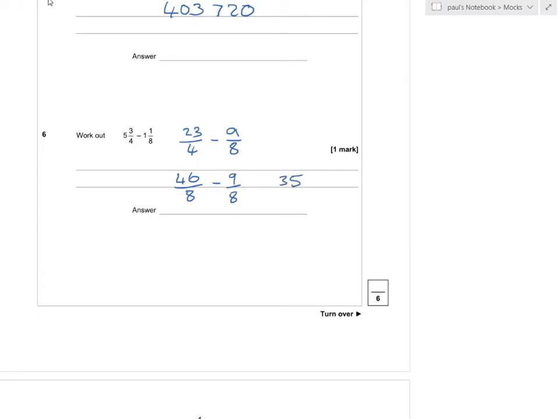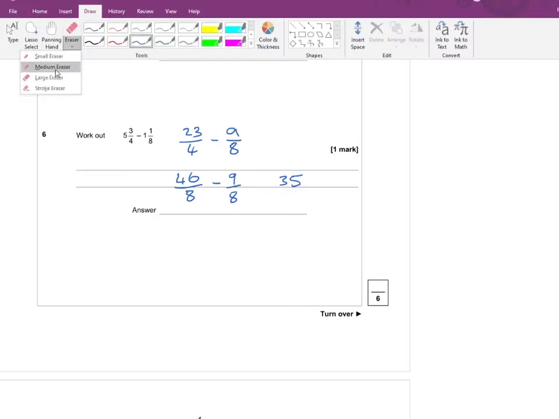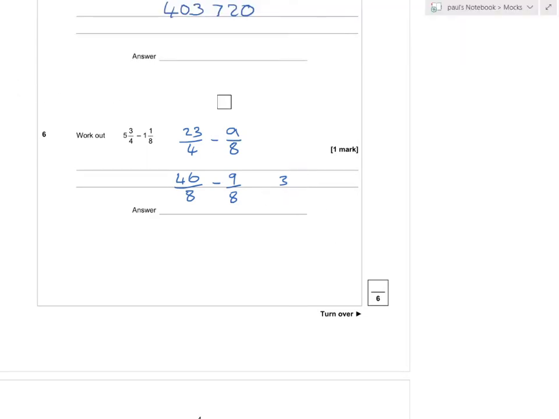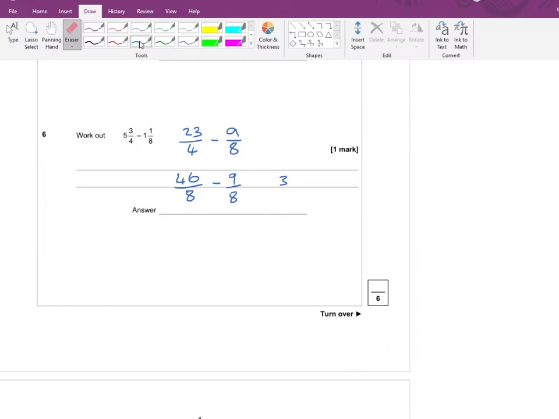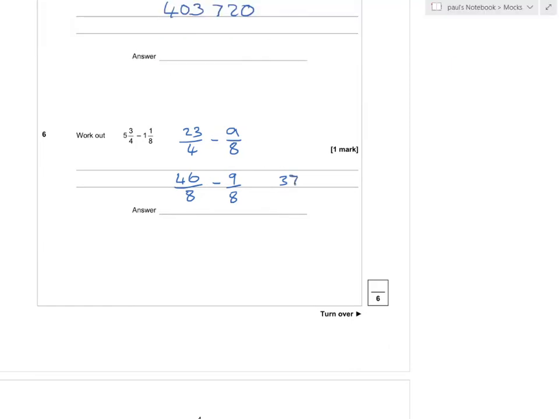No, it's not, it's 37, isn't it? 37 over 8. And 4 8s are 32 with 5 left over.